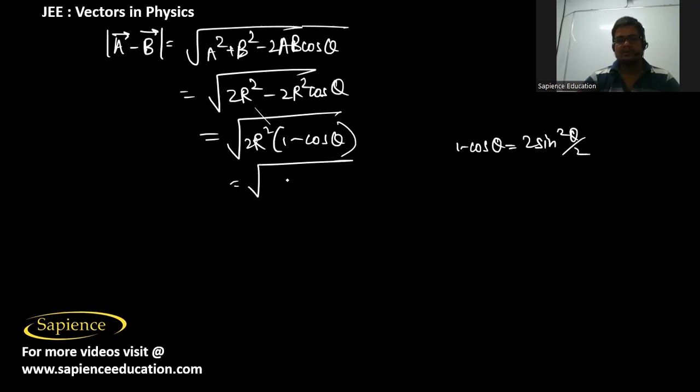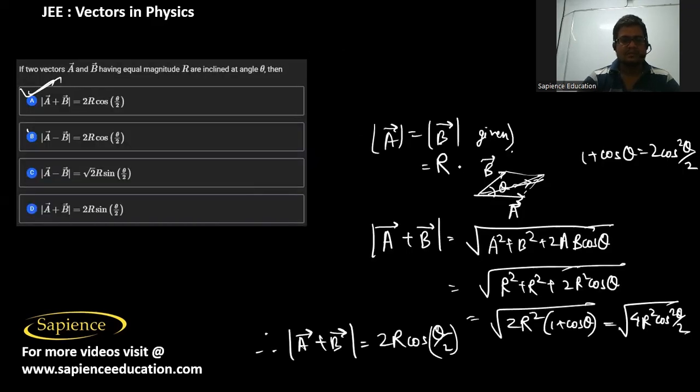So this will be the square root of 4R square sine square theta by 2, which is equal to 2R sine theta by 2. So the magnitude of A minus B will be 2R sine theta by 2. Therefore, only option A is the correct answer.